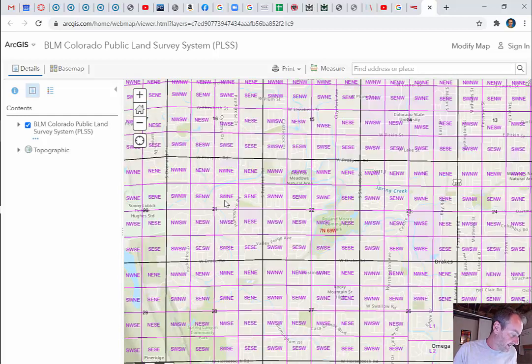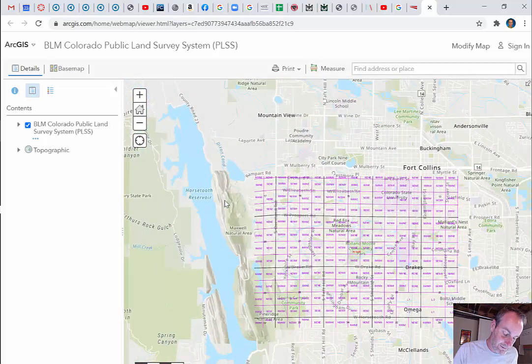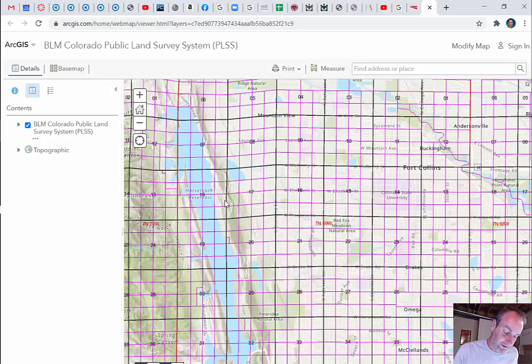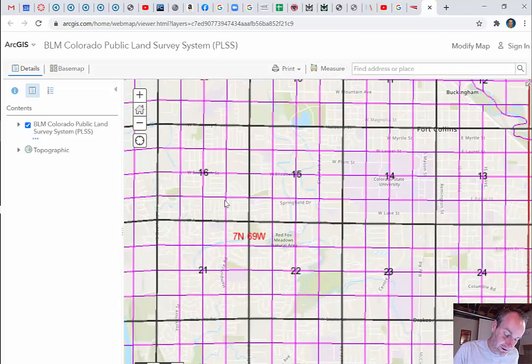There it goes. And what we would want to do is... well, I went in a little too far. Let me go back just a little bit, there we go. So now I'm seeing numbers, and I'm looking for, here's Colorado State University. Can you see it? So it looks like 14 is centered right on there. So that means we are in section 14, and I can continue to zoom in on this.